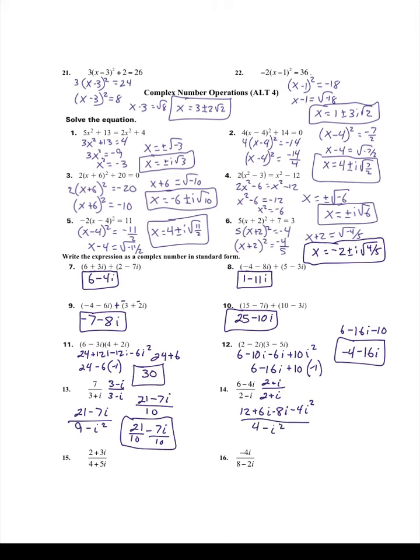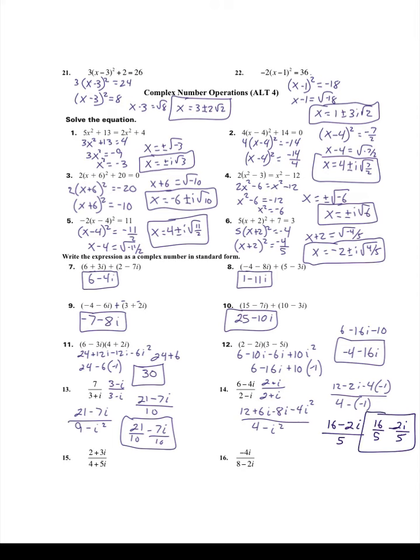The bottom, we get 4 minus i squared, so that's going to be +1. 12 minus 2i plus 4 is going to give us 16 minus 2i in the top. We're going to end up with 5 on the bottom. So 16 minus 2i over 5. Write that in standard form. 16 over 5 minus 2i over 5.